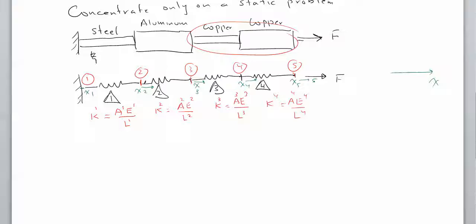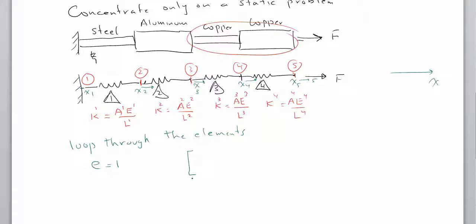Okay, so we loop through the elements one by one. One by one, we loop through the elements, assemble the 2 by 2 matrices, and eventually apply the restraint and apply the loads and solve the problem. So loop through the elements. In other words, e equal to 1. Write down the equilibrium equation.